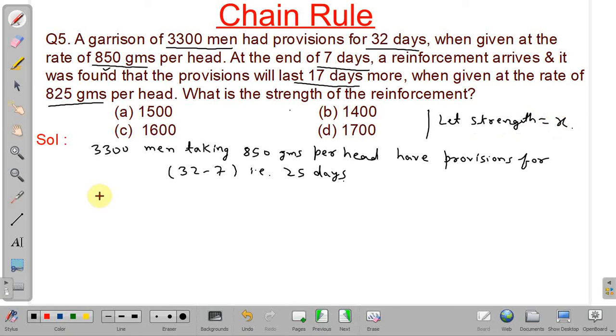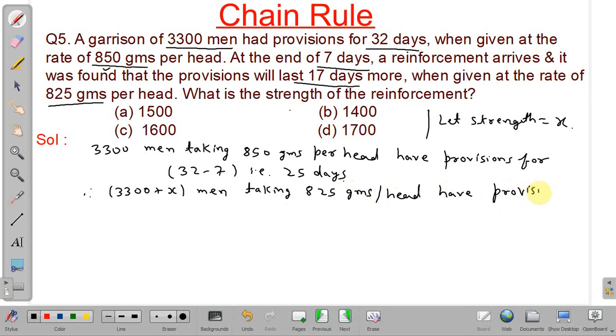Okay, so we can write 3300 plus x men taking 825 grams per head have provisions for 17 days only.